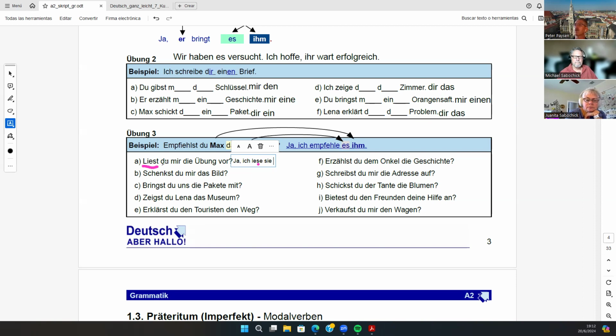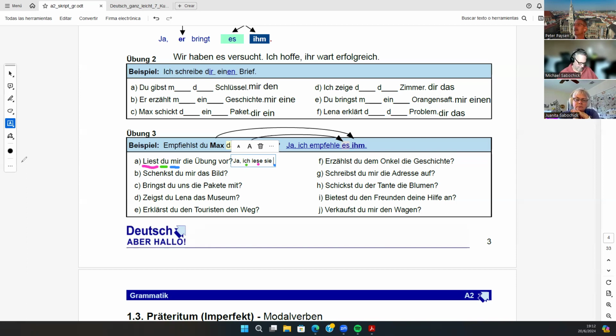And you correctly changed du to ich. But then, why didn't you change the mir to dir? Exactly.